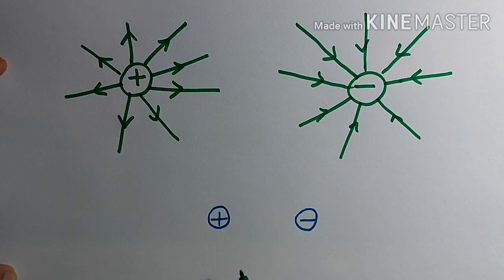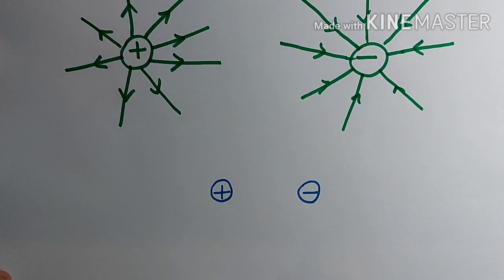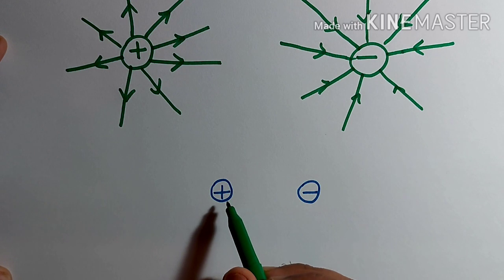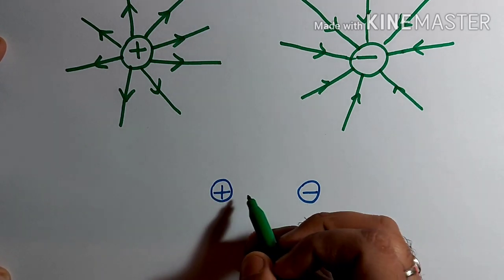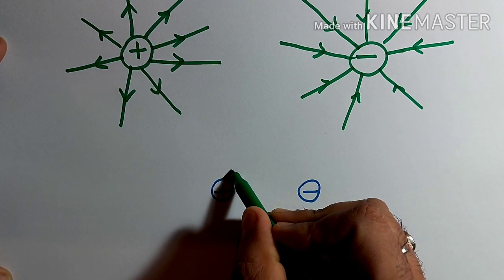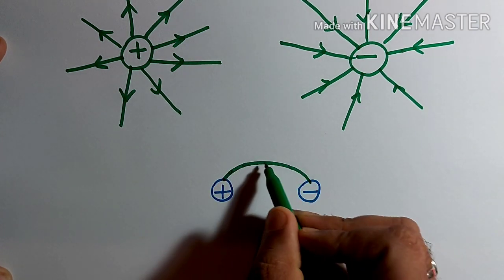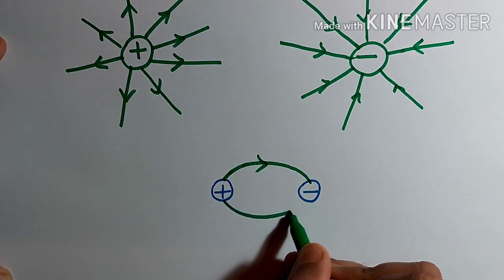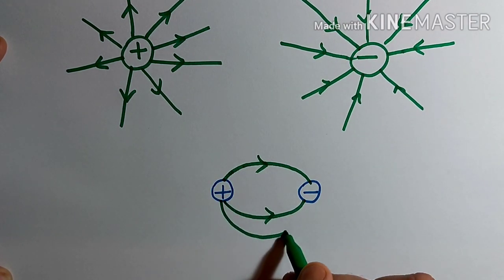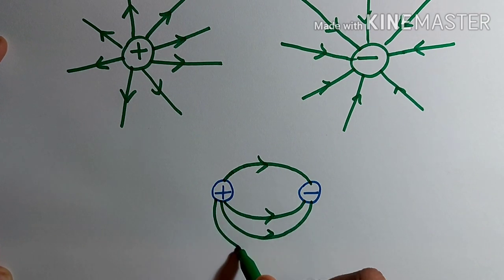And if I have a plus and a minus charge, that is a dipole, in this case the electric field lines are drawn this way. The electric field lines start from the positive charge and end at the negative charge like this.